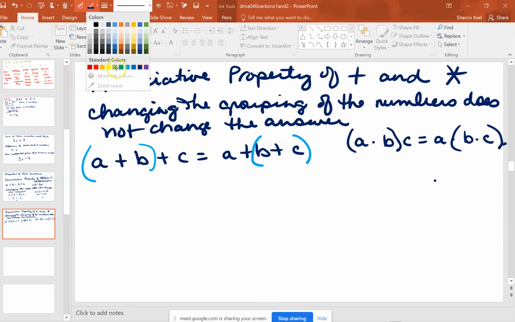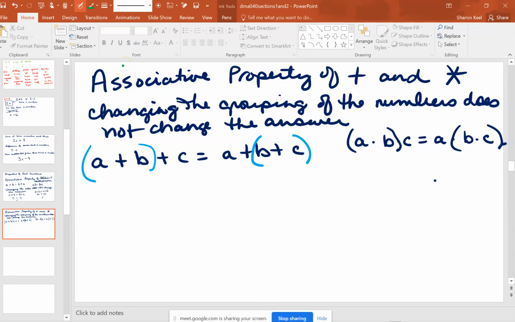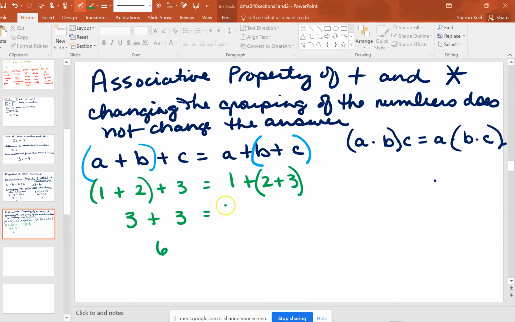Let me give you an example so that you can see that this is true. If I were to have 1 plus 2 plus 3, 1 plus 2 plus 3, I'm going to group the first two, and here I'm going to group the second two. 1 plus 2 is 3, and 3 plus 3 gives me 6. Here, I have to group the 2 and 3, so 2 plus 3 is 5. 1 plus 5 is equal to 6. So I'm going to get the same solution.